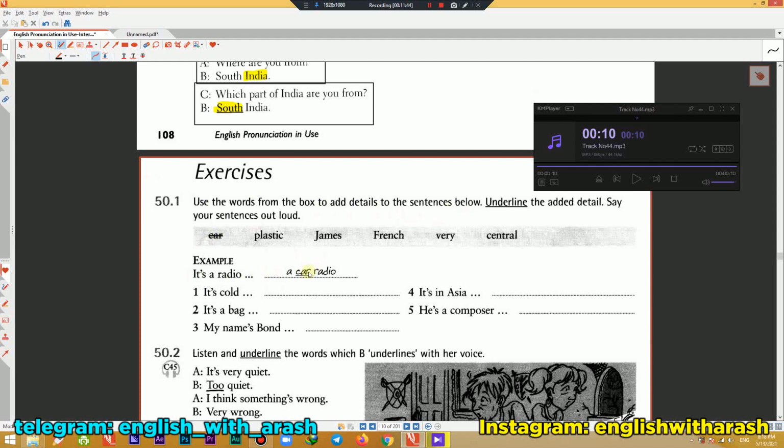When I'm pronouncing it out loud, I'm paying attention that the part that I added has to be pronounced louder. It's a radio. It's a car radio.